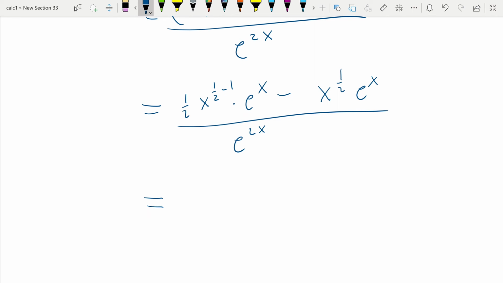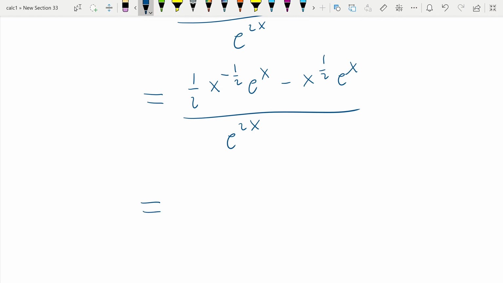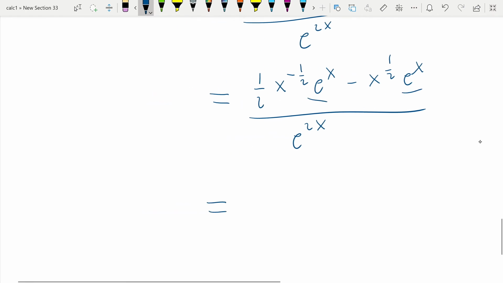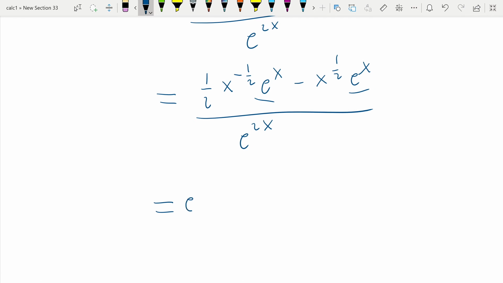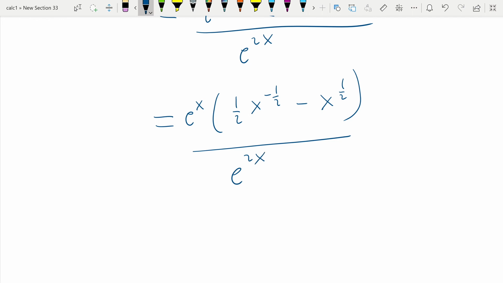This is the same as, well, 1/2 minus 1 is minus 1/2, so you get 1 over 2 x to the minus 1/2 e to the x minus x to the 1/2 e to the x divided by e to the 2x. We have a common factor of e to the x here, so we can write this as e to the x times 1/2 x to the minus 1/2 minus x to the 1/2, all that divided by e to the 2x.